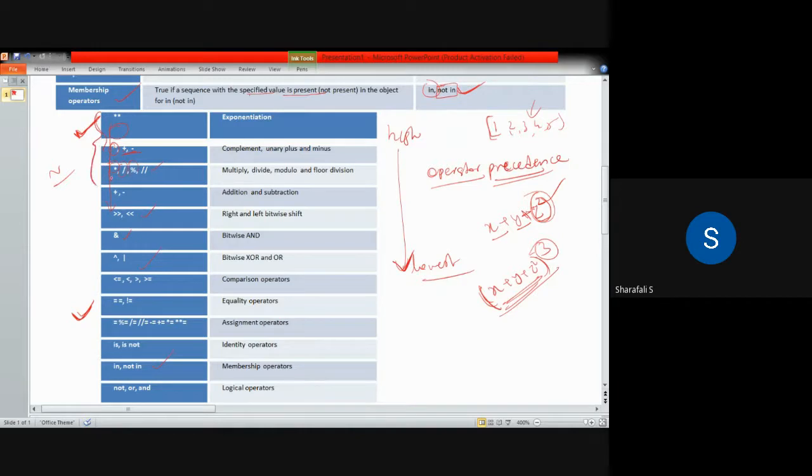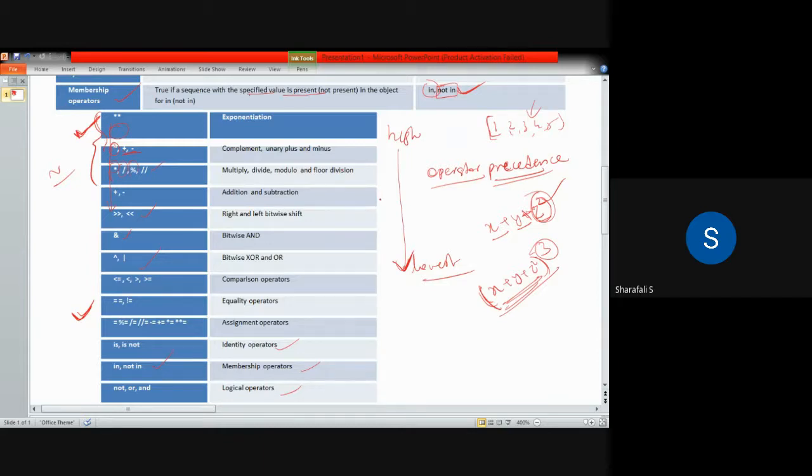From the table, the top has the highest precedence and the bottom has the lowest. So logical operators, membership operators, and identity operators come at the lowest precedence. This is how we perform operations based on the different operators. Again, I am talking about operator precedence.